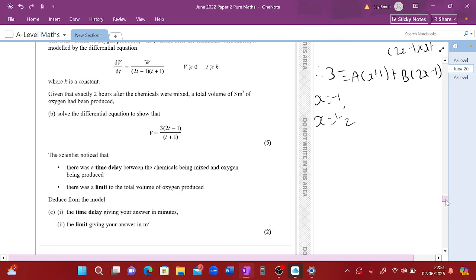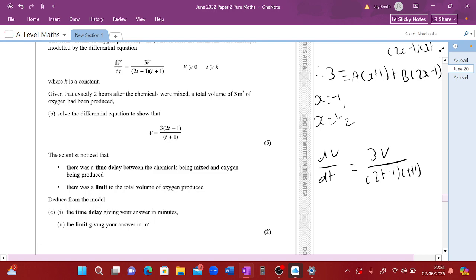And then for question 2, it's a differential equation. So we have dv by dt is 3v over (2t minus 1)(t plus 1). Then we need to separate the variables.